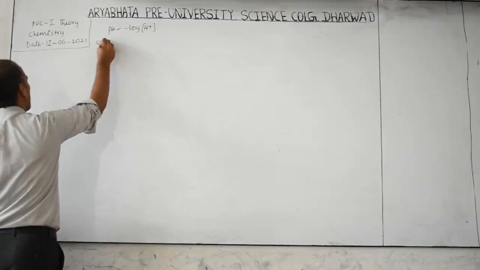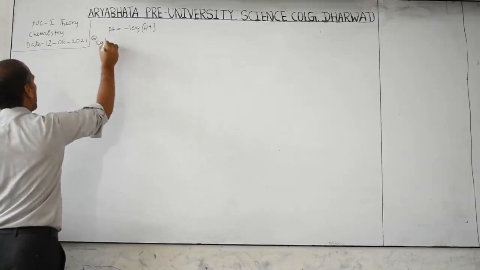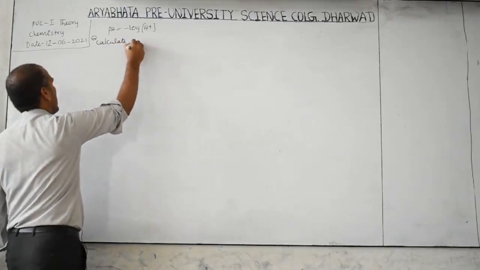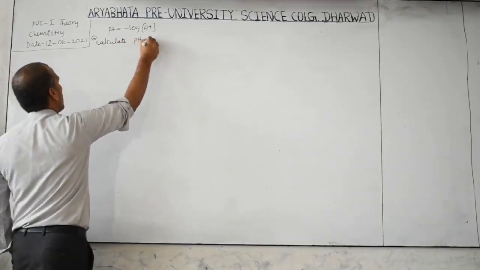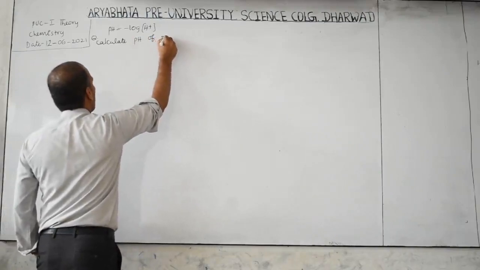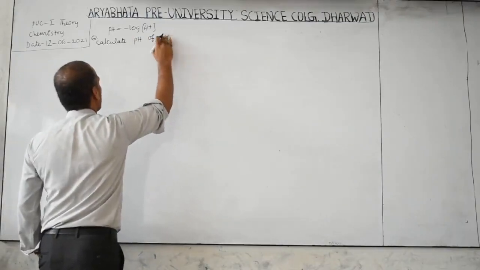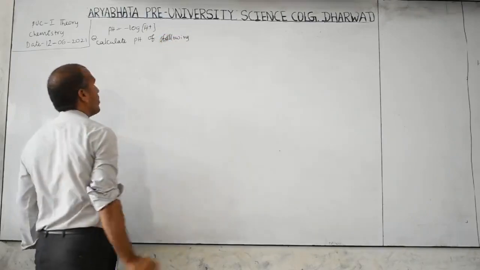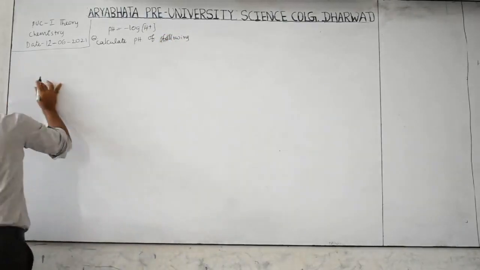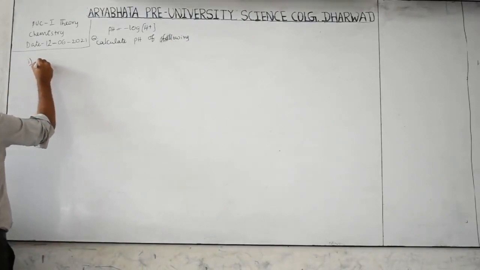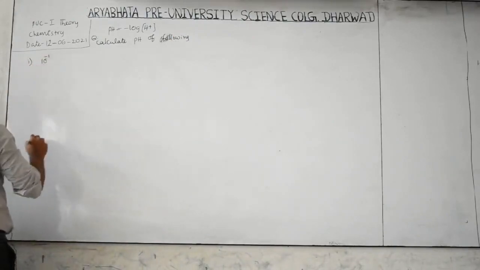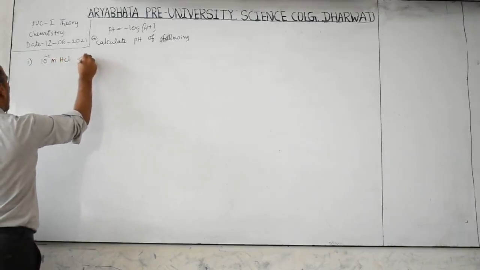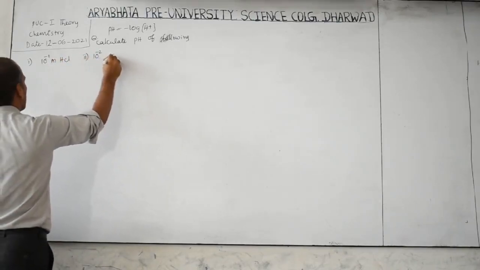Question: Calculate the pH of the following. First one, 10 power minus 1 M HCl. Second one, 10 power minus 2.